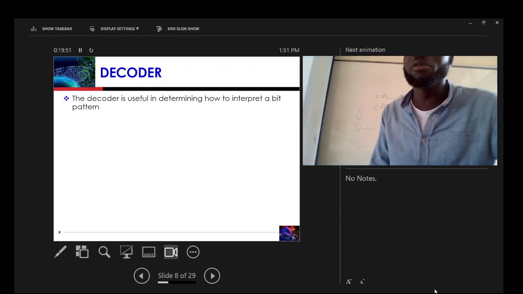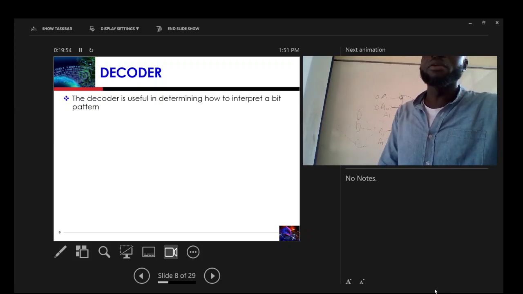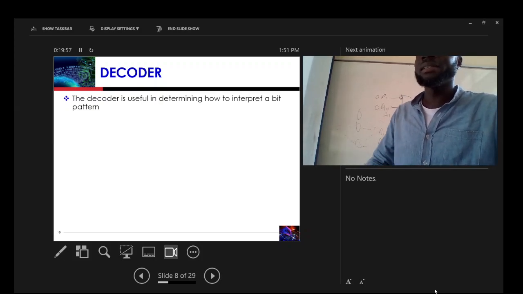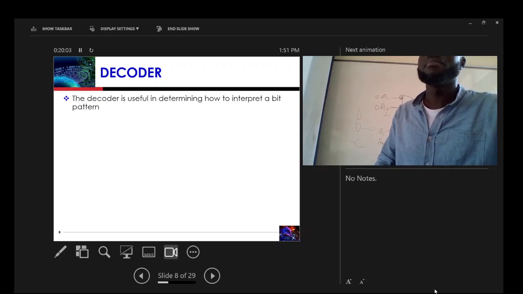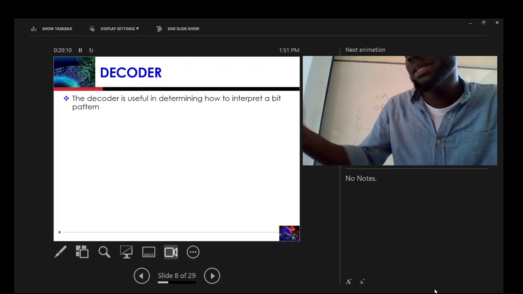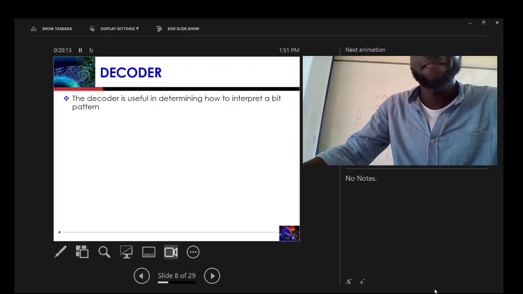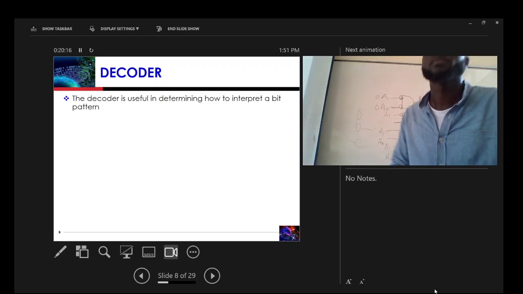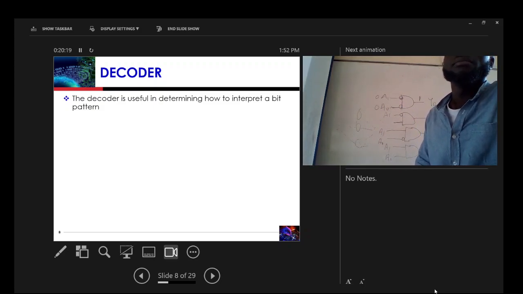So what do you think we can use the decoder for in a digital system? What do you use a decoder for?